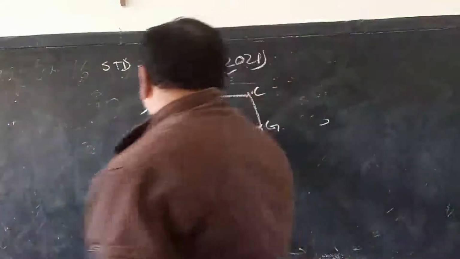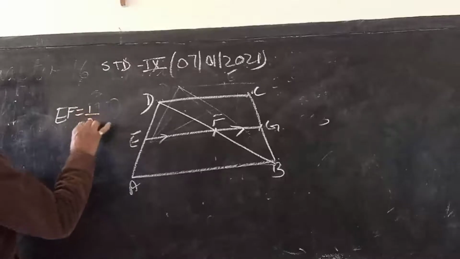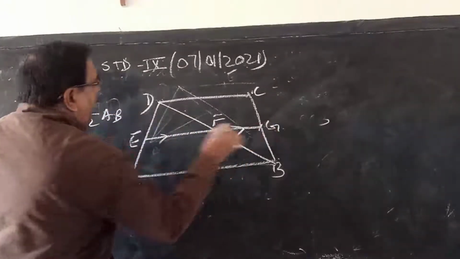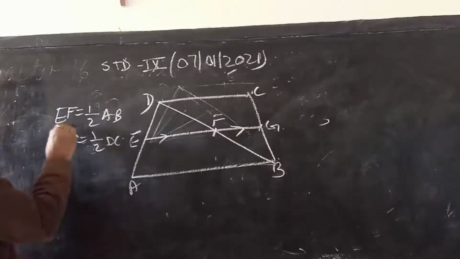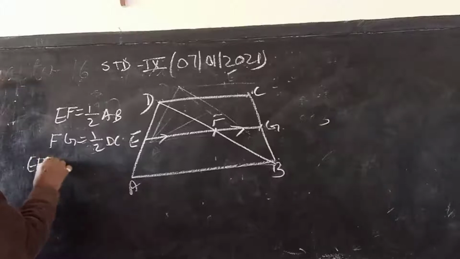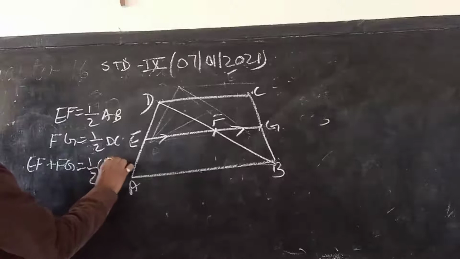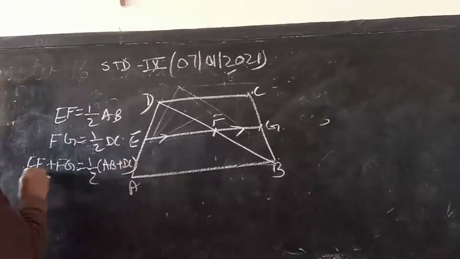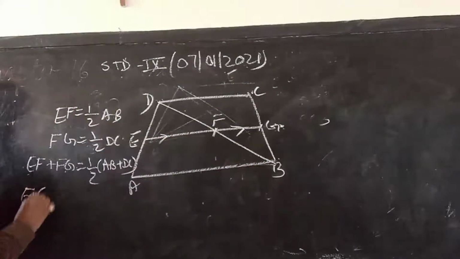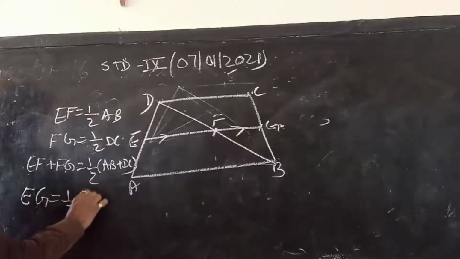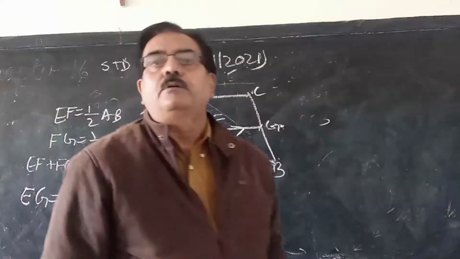Now EF will be half of AB, and in this triangle FG will be half of DC. So add these, EF plus FG is half of AB plus DC. EF plus FG becomes equal to EG. So EG is equal to half of AB plus DC. That is what we have to prove.